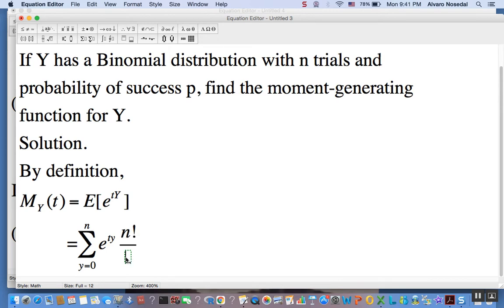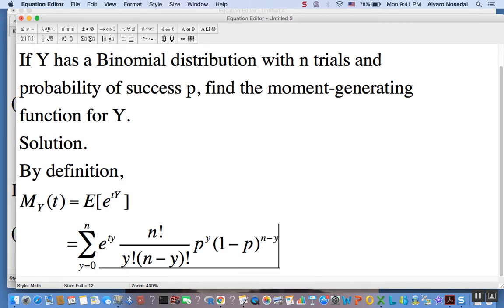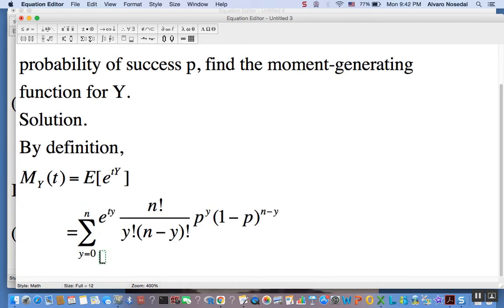N choose y, which is the same as n factorial divided by y factorial times n minus y factorial, times p to the power of y times 1 minus p to the power n minus y.